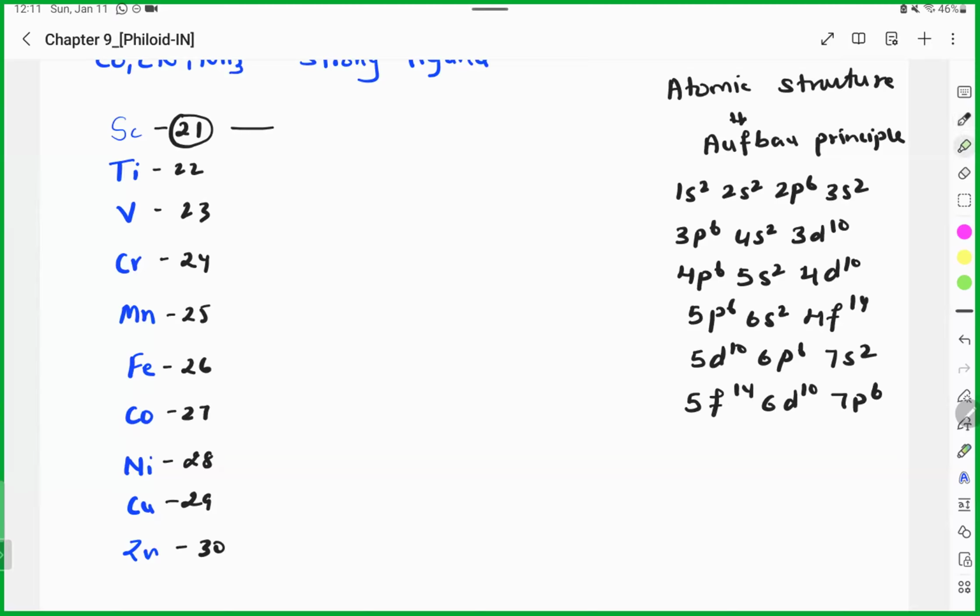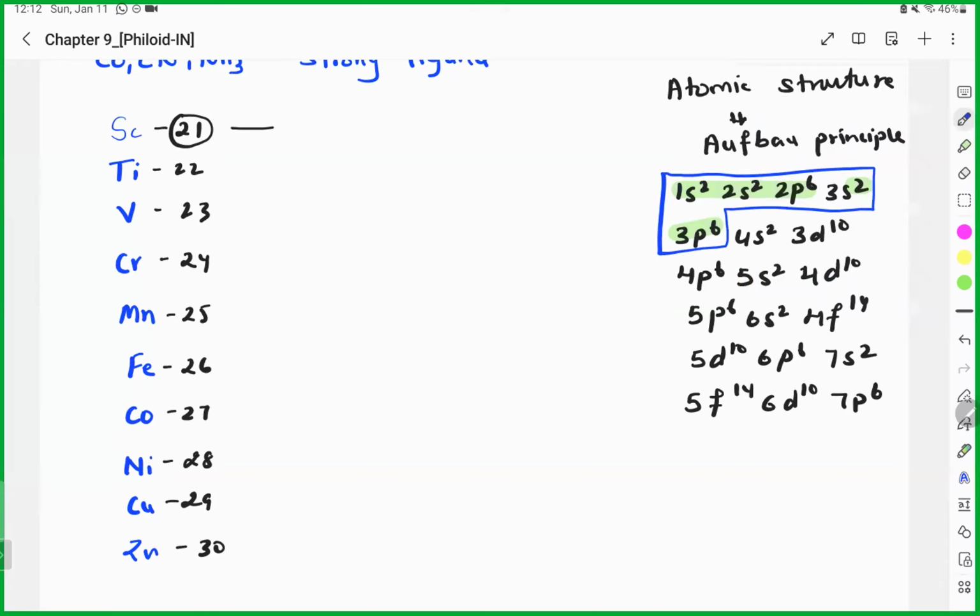Example, if I have to write the electronic configuration of scandium, what will you do? You have 10 electrons here, done. You have 8 electrons here, done. 18 electrons will have the noble gas configuration. This is the noble gas configuration. It is stable, so no need to worry about this.